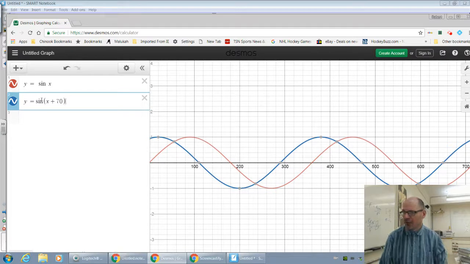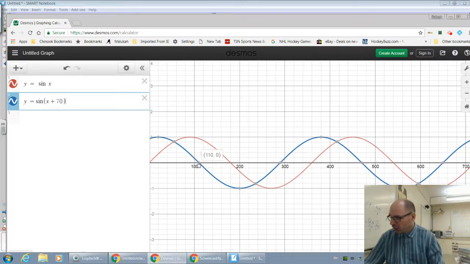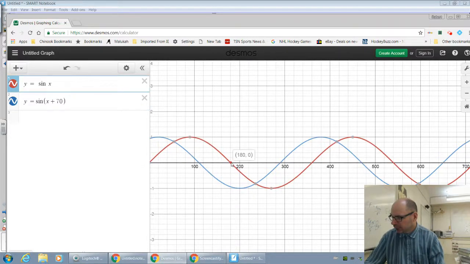And you'll notice what has happened here. Okay, so here you can see it's 0, 110. Here it's 0, 180. So you can see that it's shifted backwards. It didn't actually shift forwards. It shifted backwards 70 degrees.